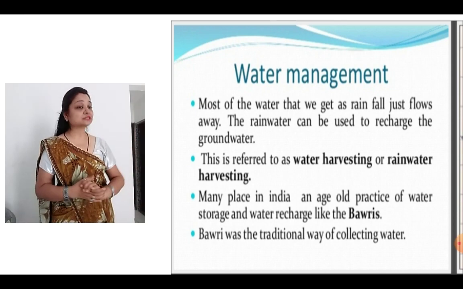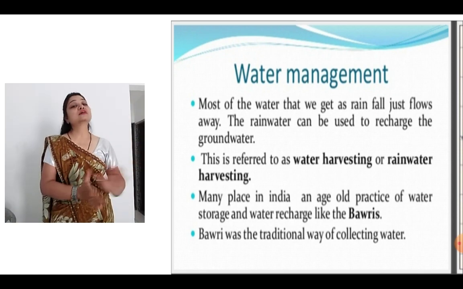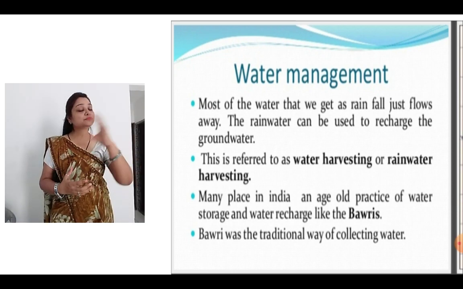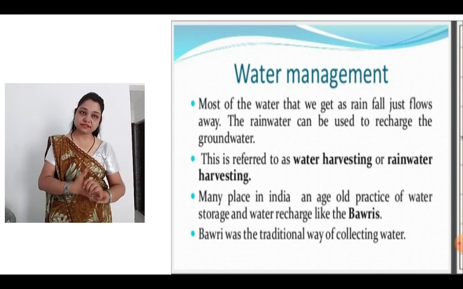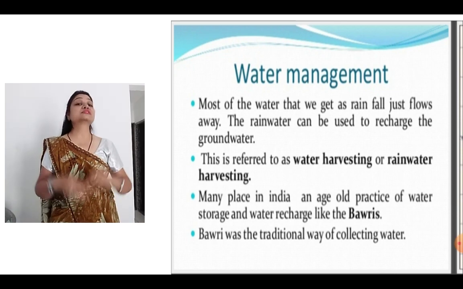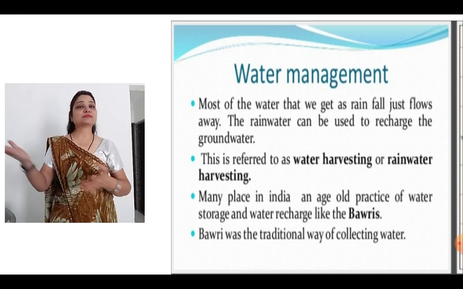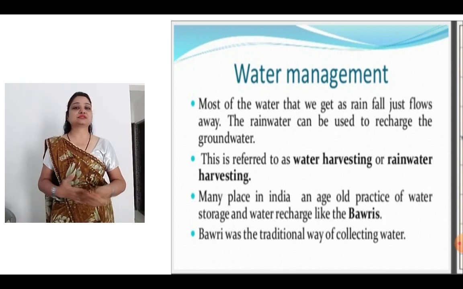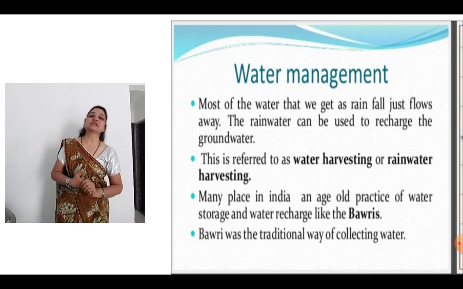But instead, if we connect the pipe to a storage tank or pit, it will be collected there, and after the rain that water can be used. It is a very simple thing we all can do. We can use that water for watering plants and other domestic uses, not for drinking. For agriculture we can use that water, right?